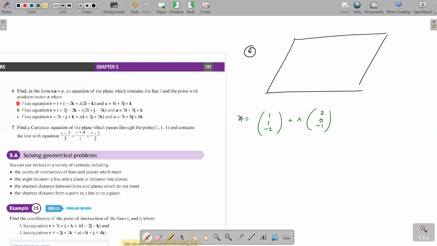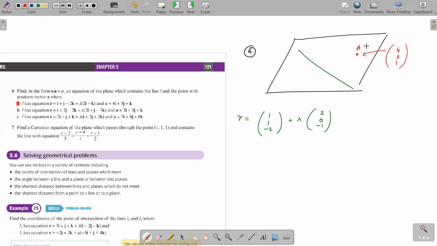This line L goes on the plane, and there is this point A, which is 4, 3, 1, the position vector on your plane.